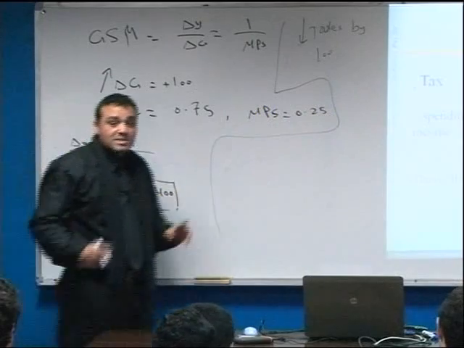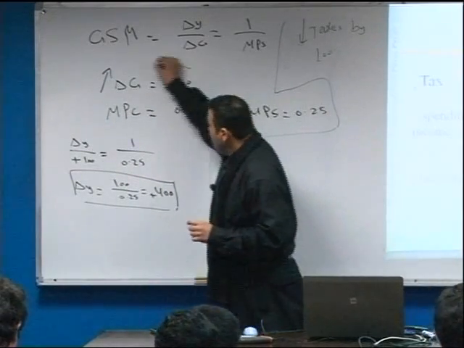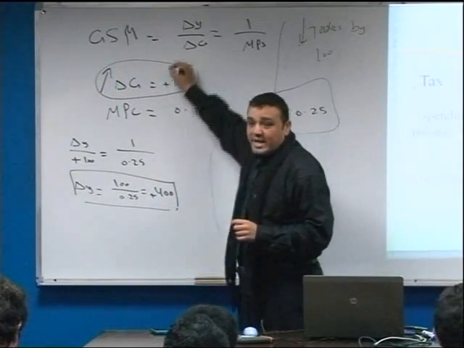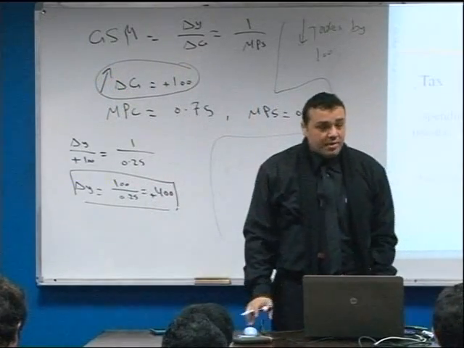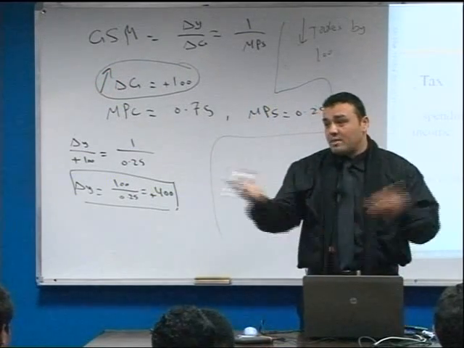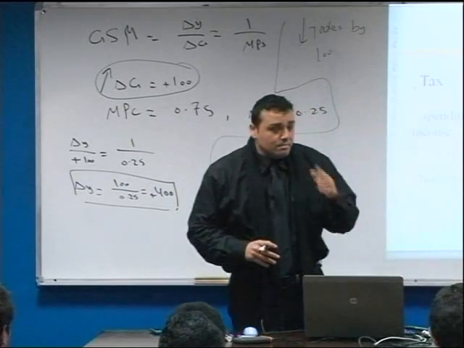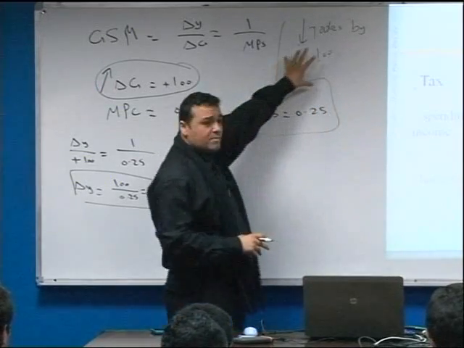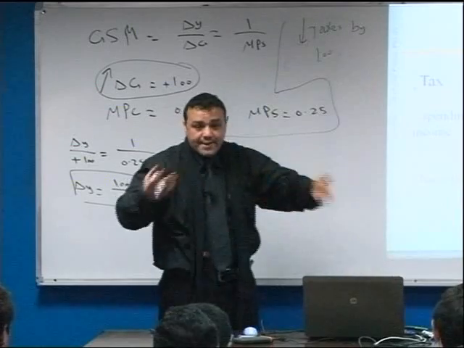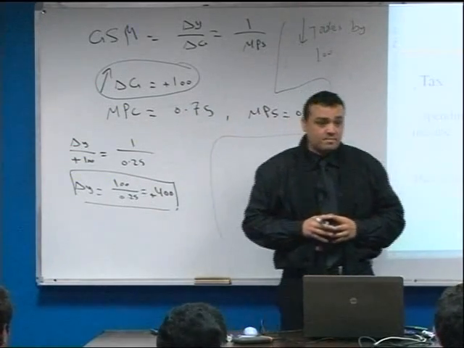But it is not. Because the effect of the government spending is greater than the effect of taxes. All the economic studies and research show that the effect of government spending on the aggregate output is greater than the effect of taxes, right?